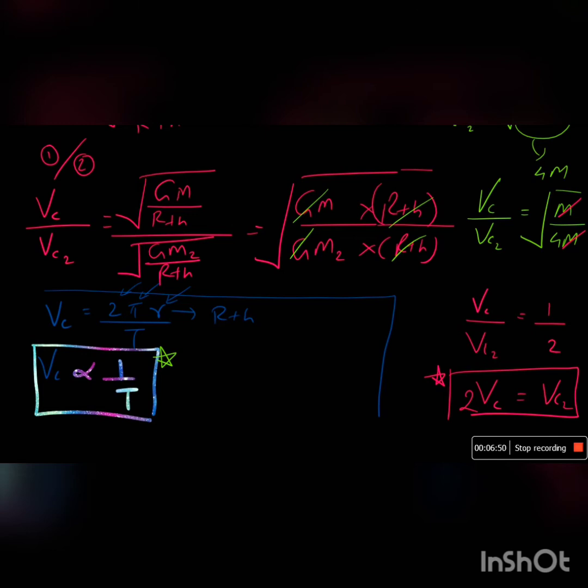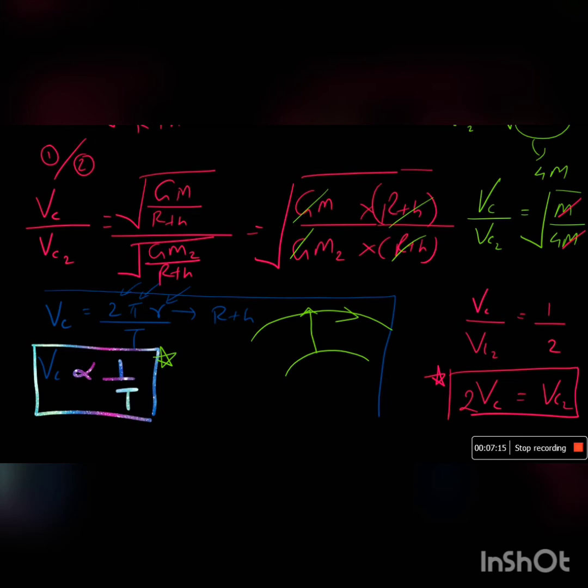Because as we move to a particular height, as we increase the height, the time required for a complete revolution will also change, right? So the velocity will also change. So critical velocity is inversely proportional to time period.